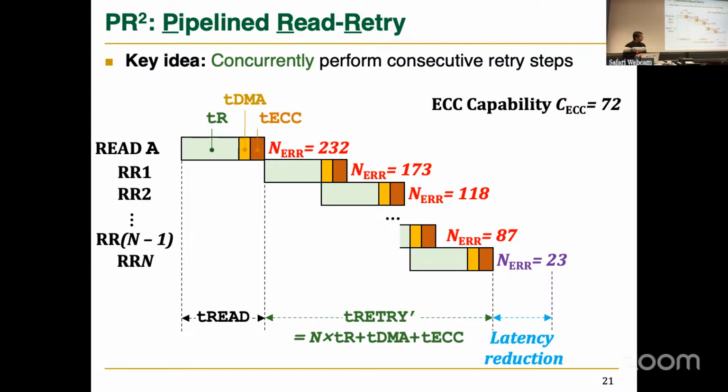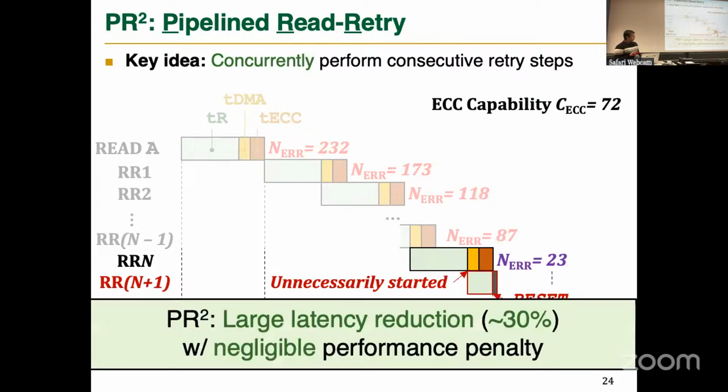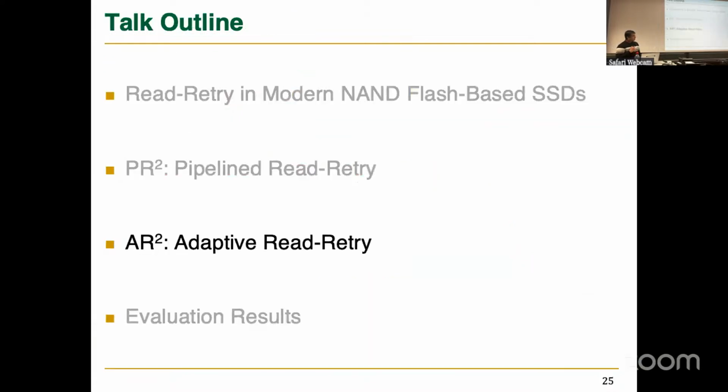By that time, you would have already started the next read. So when you have started the read at that point, you can send a reset command to the flash to stop that operation. That's typically how we stop this cache pipelined read-retry operation. So that's about PR square. Now we'll move on to adaptive read-retry.